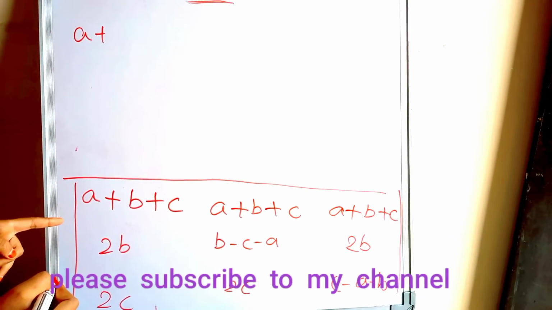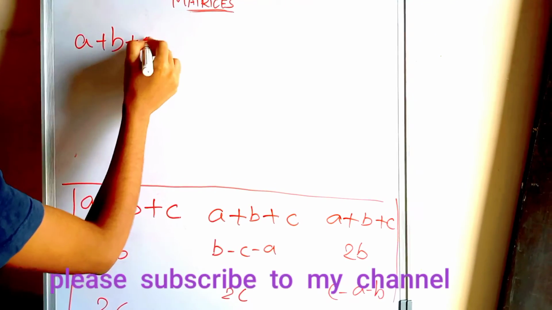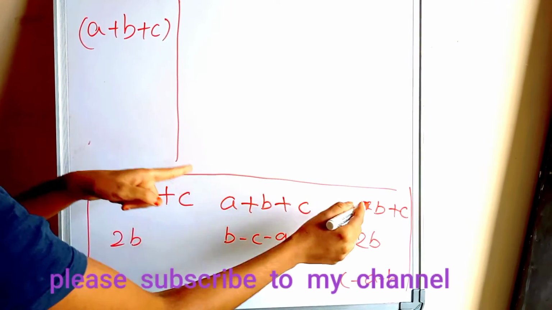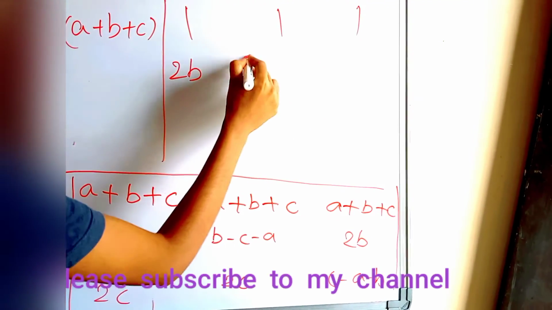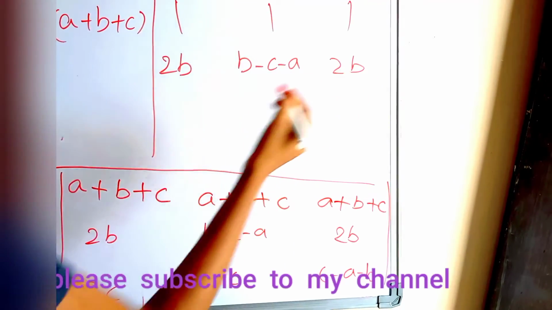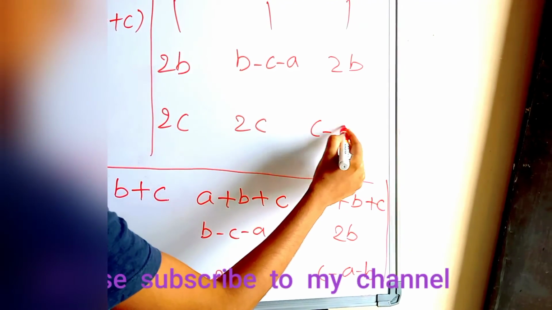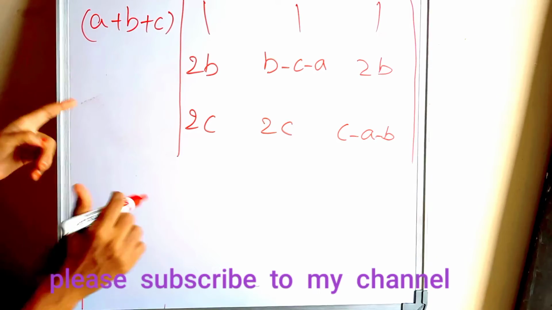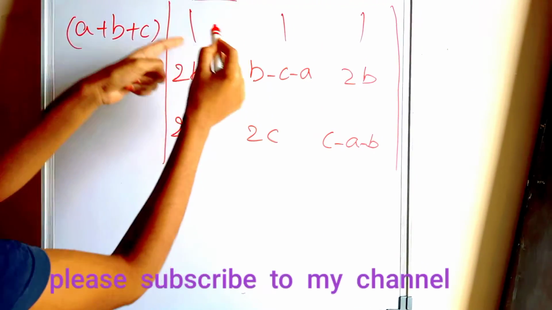A plus B plus C. I am taking A plus B plus C common here. So when we take common here, 1, 1, 1. Next 2B, B minus C minus A, 2B, 2C, 2C, C minus A minus B. Here I am making the changes in column 2 and column 3 by using column 1.